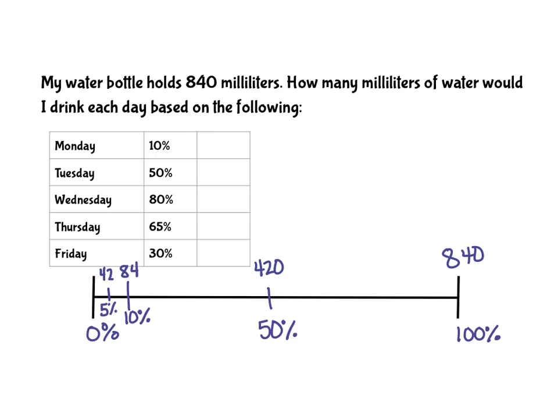All right, so I filled in on mine. I did 5%, 10%, and 50%. So I think those will help me get all of these. So 10%, 84, just move the decimal over one spot. 50%, 420, I just cut 100% in half. 80% now, so we would need 50% and 3 10%.